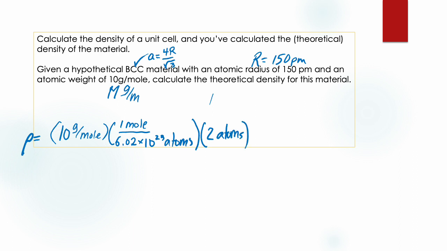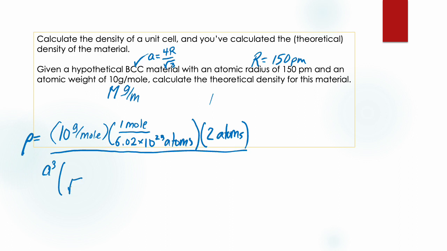So the moles cancel, the atoms cancel, and my numerator is in terms of grams, which is appropriate for density. Okay, the volume of that unit cell is a cubed. And I know that a is equal to, but we'll do it this way.